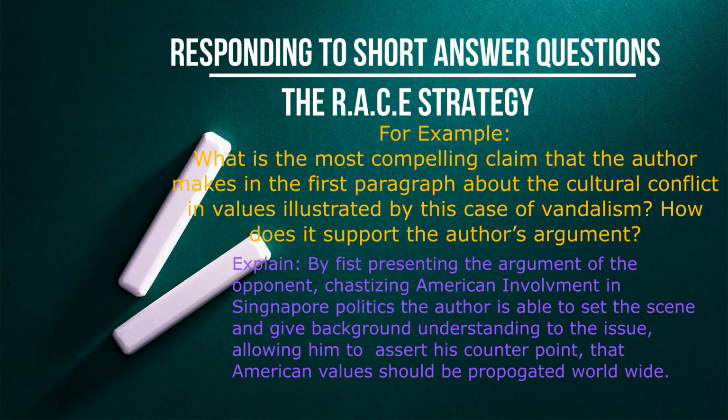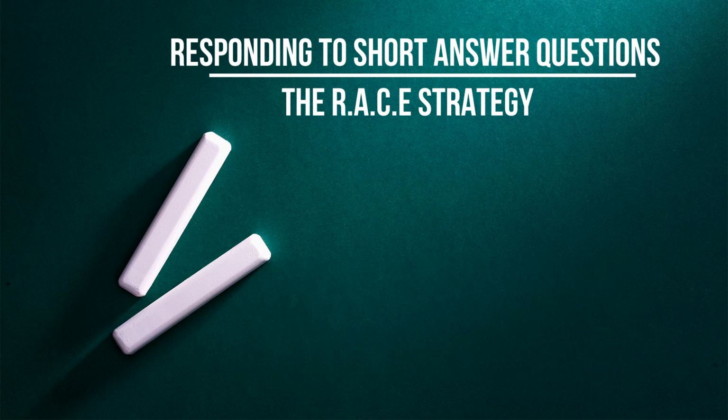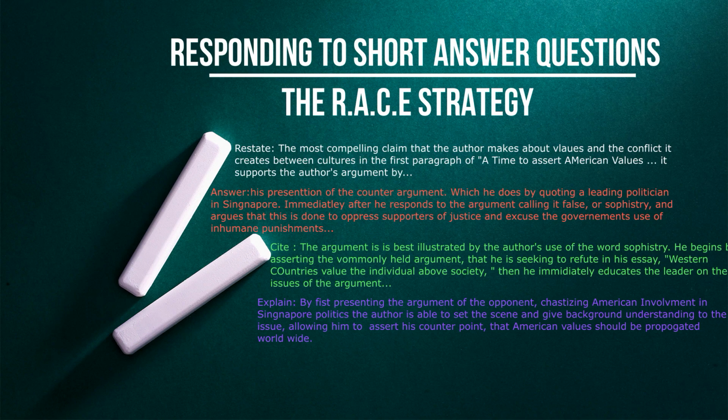Once I do that, I should have a full answer that's going to look a little bit like this, and it's going to be in the style of a paragraph. So really quickly, I'm going to show you what it looks like put together. There we go.